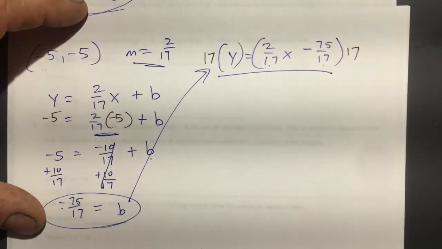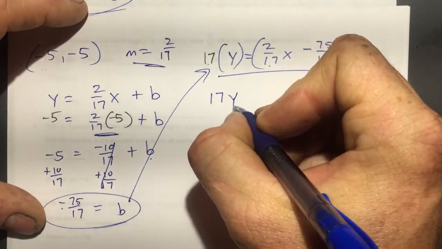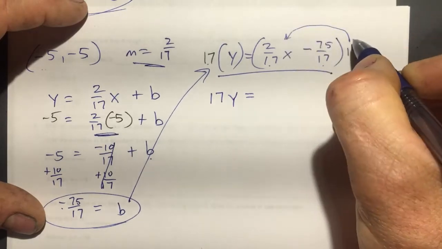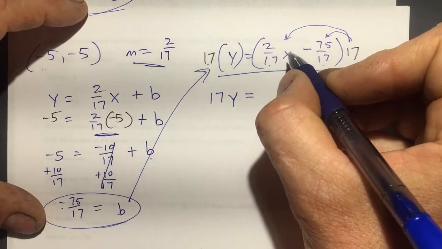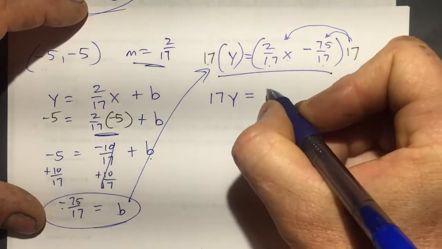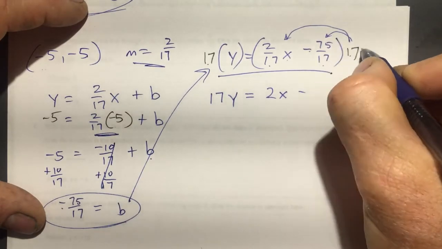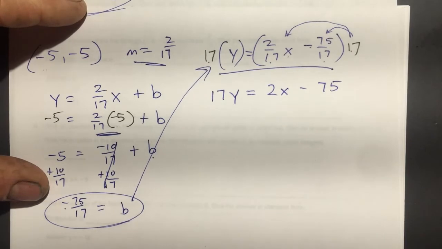Multiply both sides by 17, which means right here 17 times y would be 17y. All right, when I multiply over here, I distribute to both of these. So 17 times 2 over 17 would be 2x minus 17 times this. The 17s will cancel. I just have 75. And now my fractions are gone.